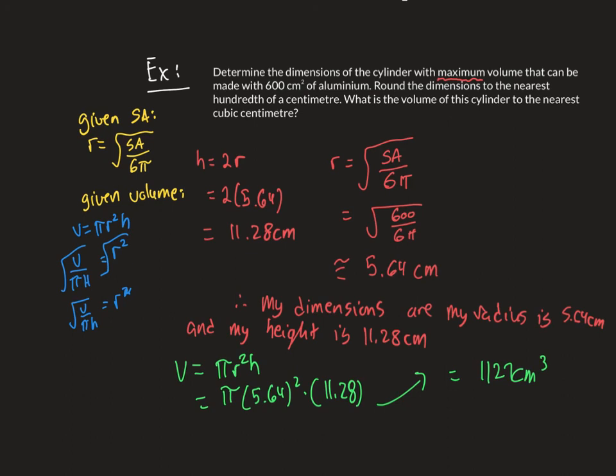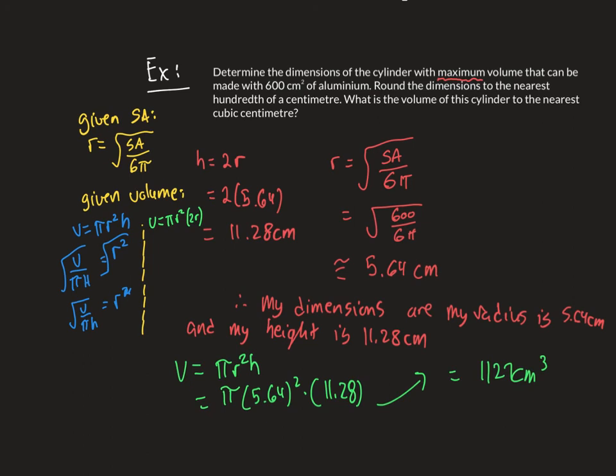Now, I can go even further here because I know that my h is 2r. So I can change this even more because let's say I don't even have my h. So what I can do is I can go even further and put in the 2r for the h.